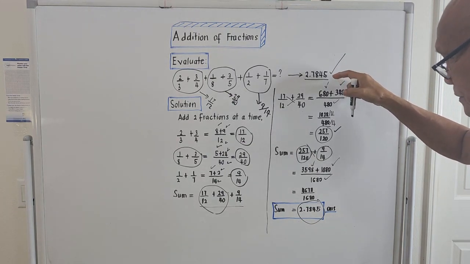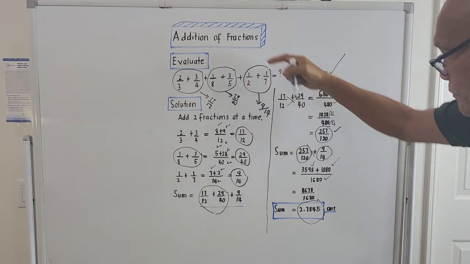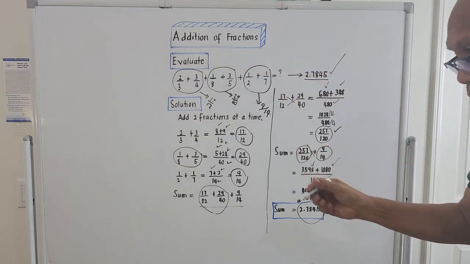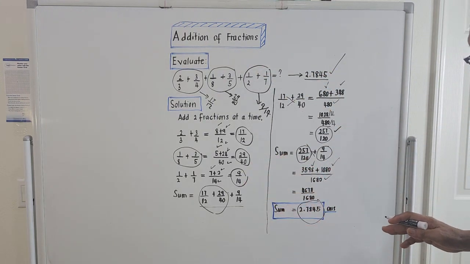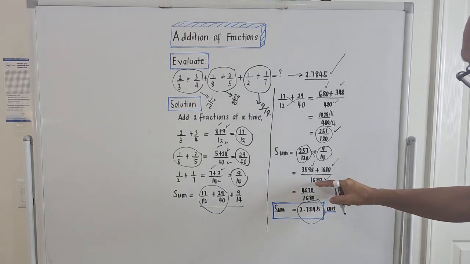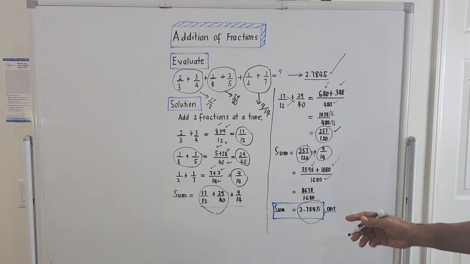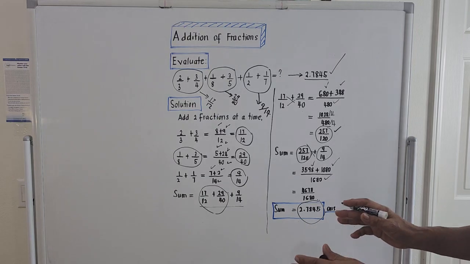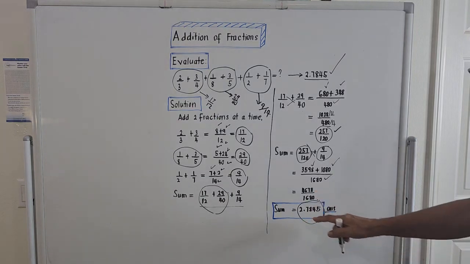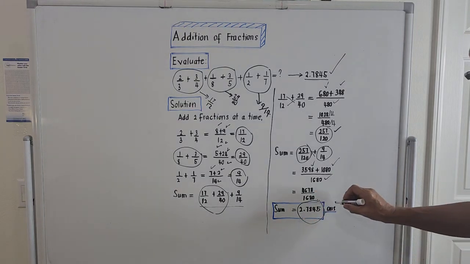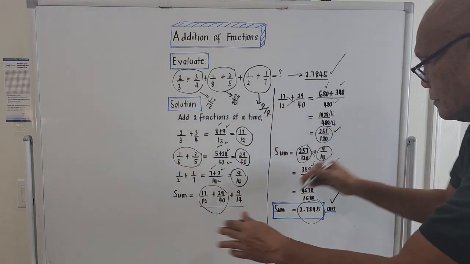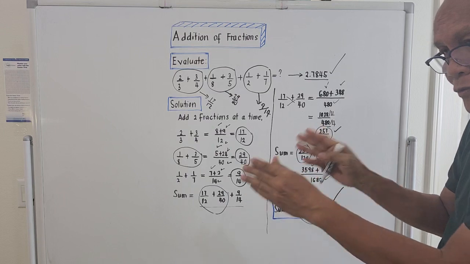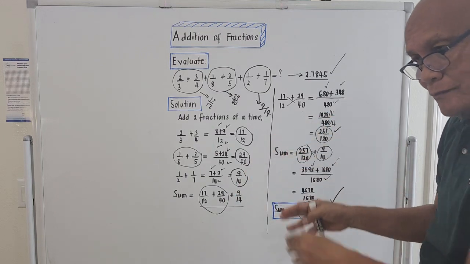This is the summation by using the calculator, but in our fractional simplification, the final answer should be 4678 over 1680, and its decimal equivalent is 2.7845. This will be our answer. This should be the complete solution by combining two fractions at any given time.